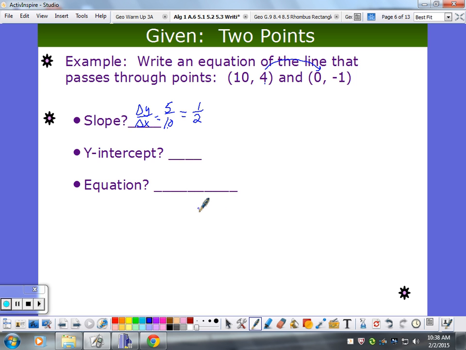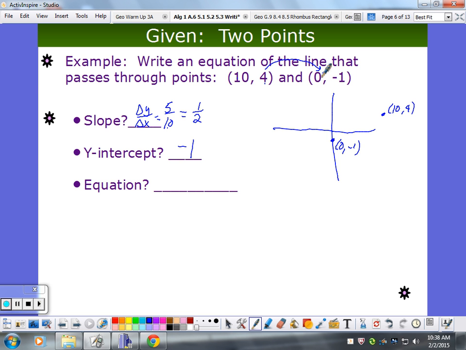Now, I need the y-intercept. Let's see if I graph this, if that helps. I'm going to sketch a graph. 10, 4, something like that, right? Now, what does 0, negative 1 look like? Oh, wait a second. What's the y-intercept? Negative 1. So remember this: y-intercepts have x's of 0, right?